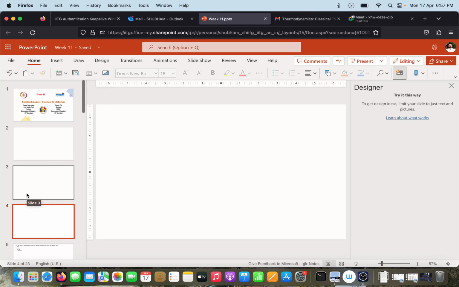Now this is part 1 and this is part 2. Part 1, n is 1 for 1 mole of gas, so delta S is equal to CV ln T2 by T1, where T2 is 498 Kelvin and T1 is 298.